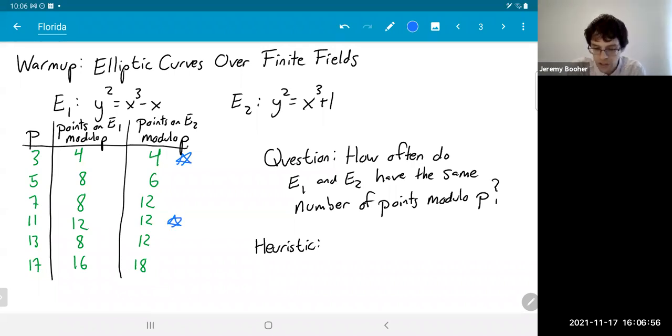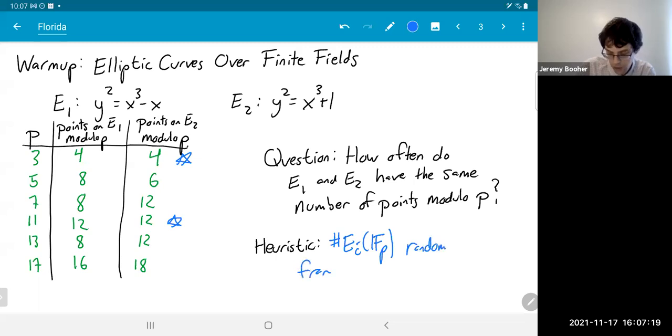And so a very natural question is, how often does this happen? How often do E1 and E2, these two elliptic curves, have the same number of points on them modulo p? The heuristic you should have in the absence of additional information is that the number of points, which we write this way to indicate what field we're using, should be random, and it should be random from around a constant times the square root of p choices.